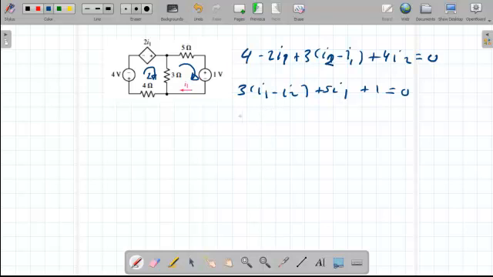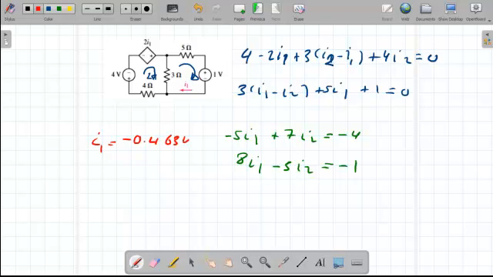The two equations will be organized as minus 5I1 plus 7I2 equals minus 4, and 8I1 minus 3I2 equals 1. So after we solve these two equations, we get I1 equal to minus 0.4634 amp.